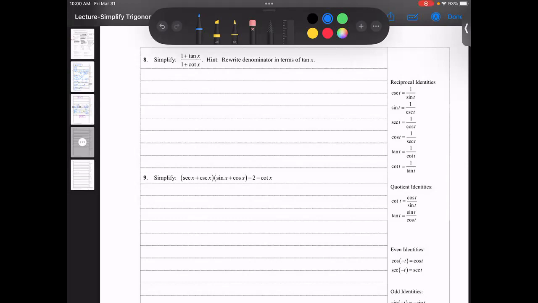Oh, you try it too. Okay, okay. You can move things around if you can.